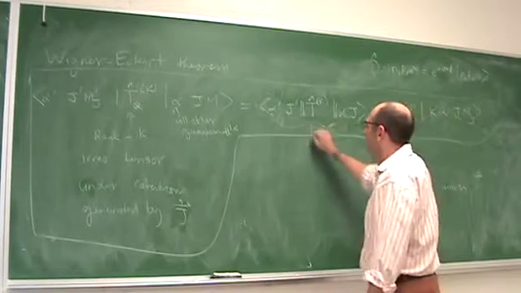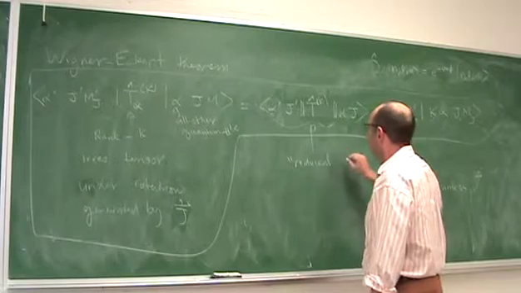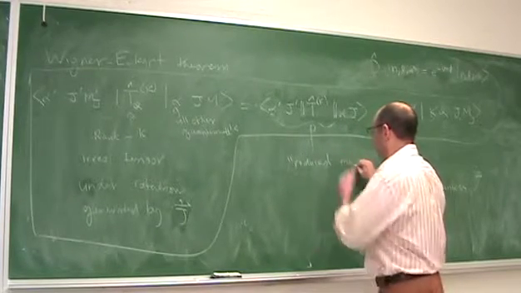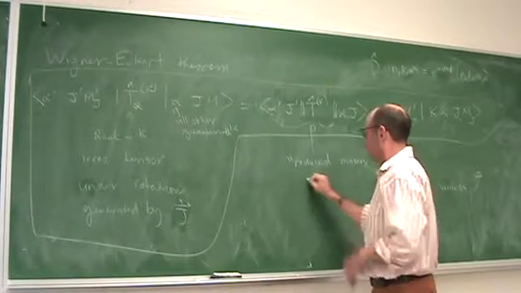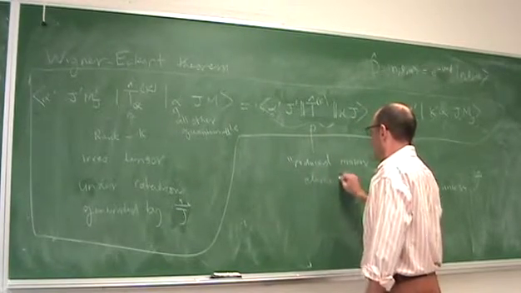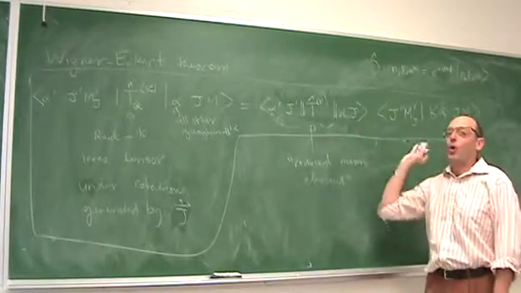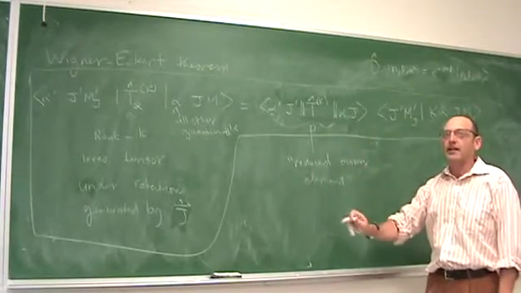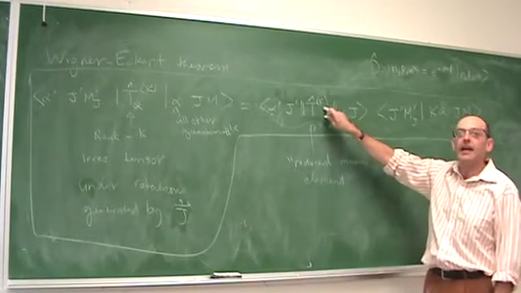It's called the reduced matrix element, reduced by the Clebsch-Gordan coefficient. It doesn't depend on M or M prime or Q. It only depends on the magnitude of things, J, J prime, and K.